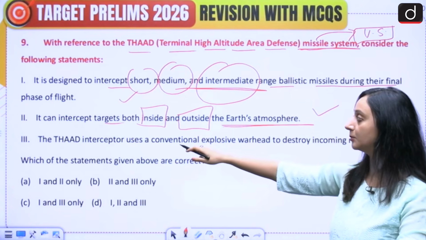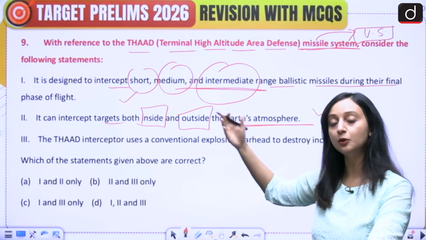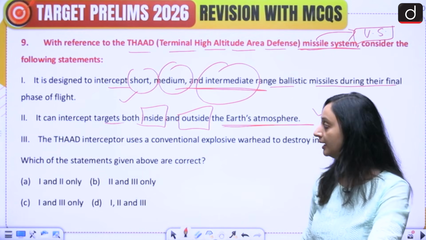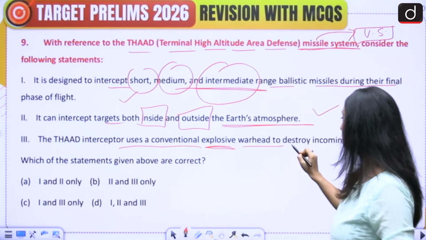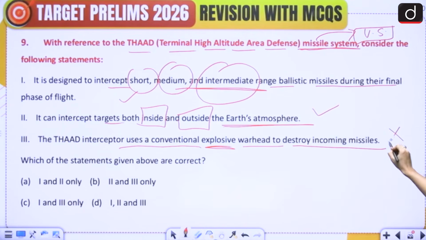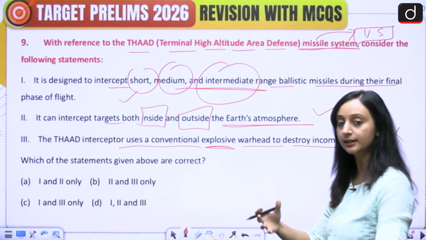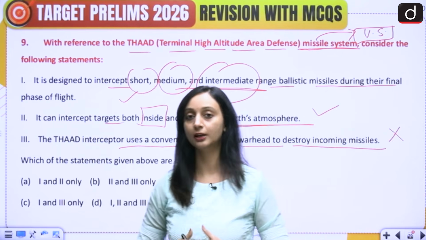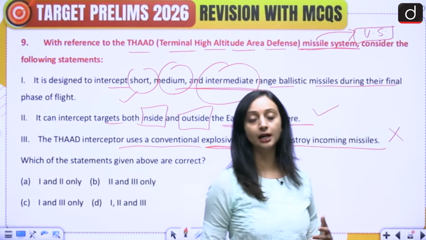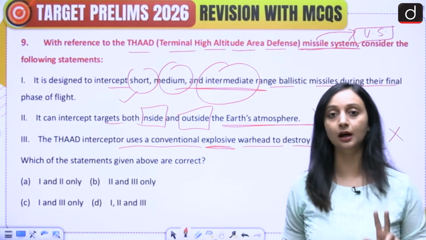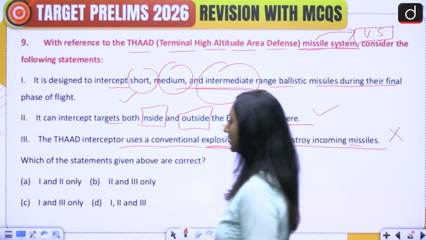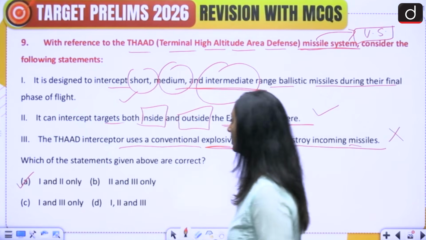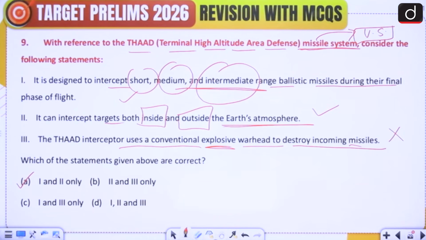And the interceptor uses a conventional explosive warhead to destroy incoming missiles? No. I told you no explosive warhead is being used. It's a simple collision, and the impact of that collision is going to destroy the incoming missile. So this statement is incorrect. 1 and 2 are correct. So the correct answer would be option A, 1 and 2 only.